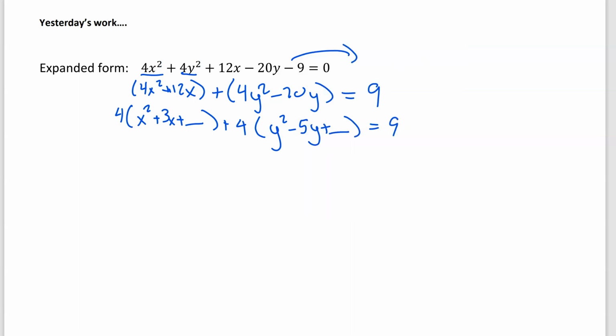And then now we got to go ahead and complete the square. Half of 3 is 3 halves, and squared is 9/4. But when I multiply that by 4, it turns out to just be 9.